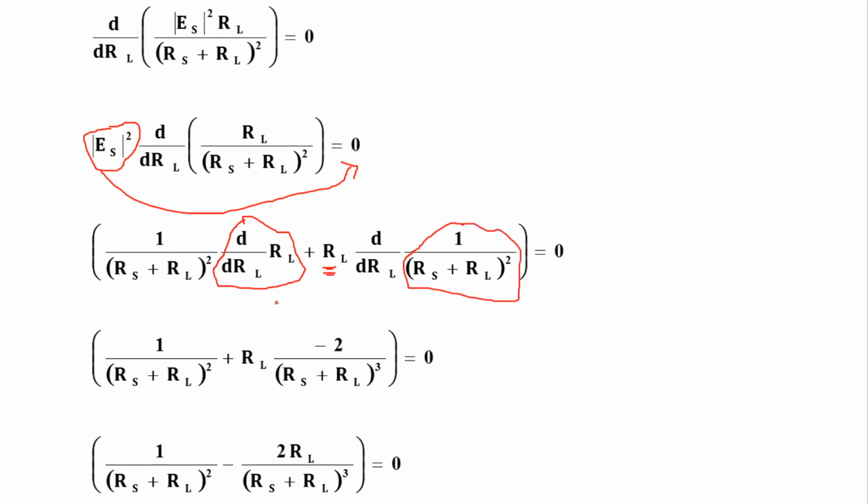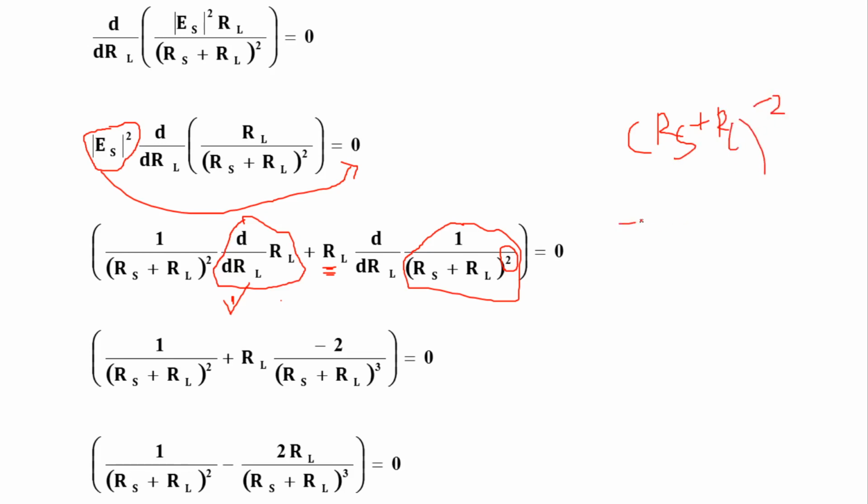to RL. So differentiation of RL with respect to RL becomes 1. So over here 1 upon (RS plus RL) whole square as it is, plus RL. Again this will look like this: (RS plus RL) raised to minus 2.